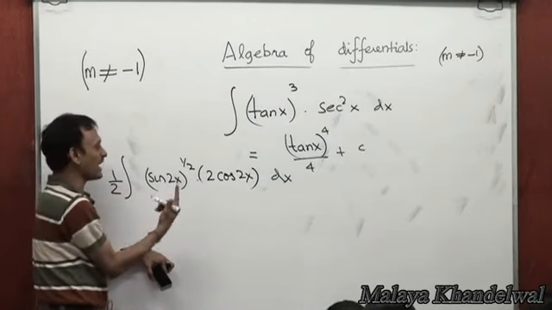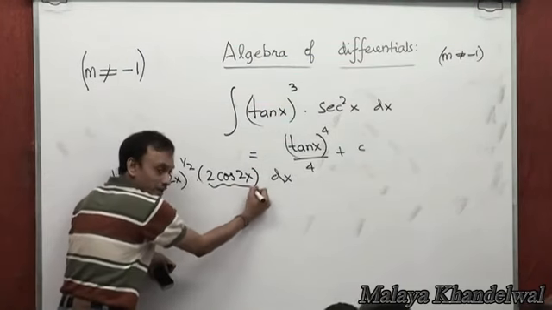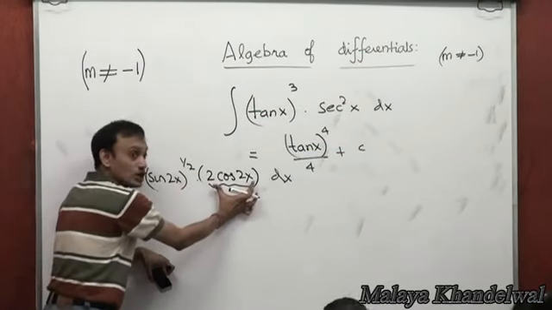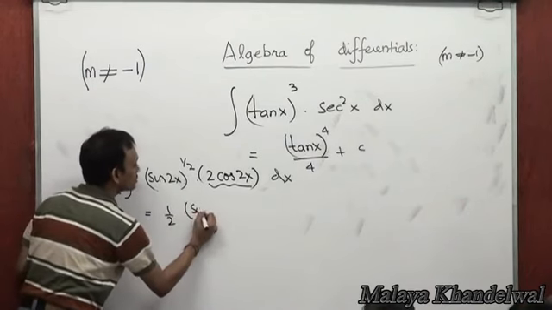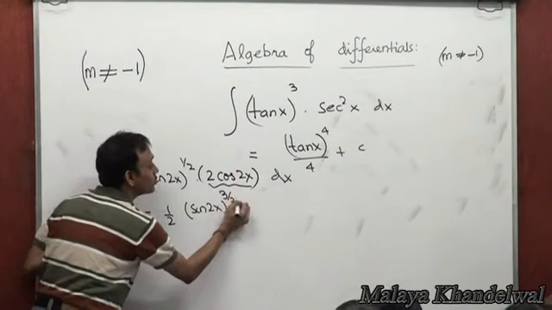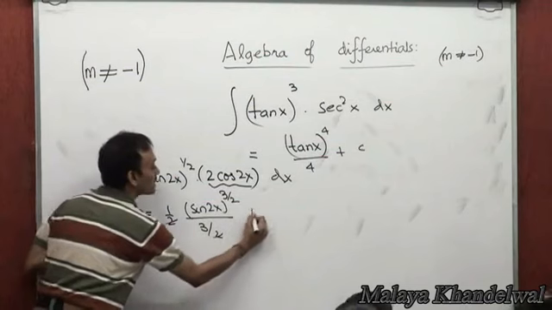So now we have a function raised to a certain power into the derivative of the function. So that's going to be function to the power half plus 1, that is 3 by 2, divided by 3 by 2, plus c.